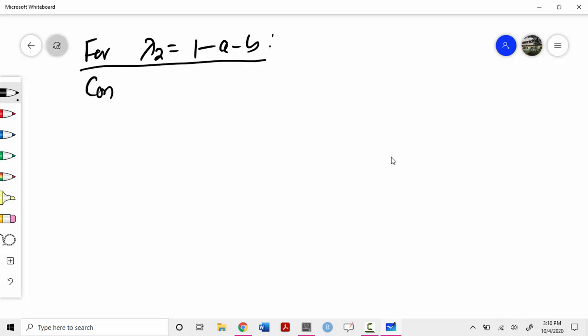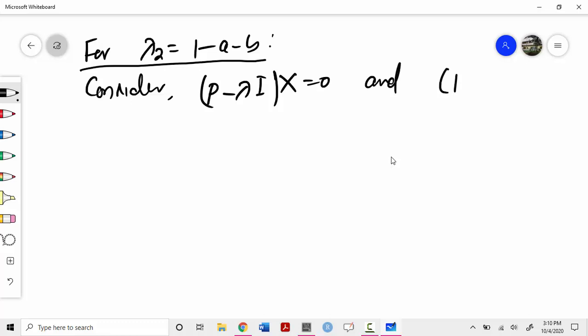Now consider (P minus lambda I) into x equal to 0 and (P minus lambda I) into y equal to 0.